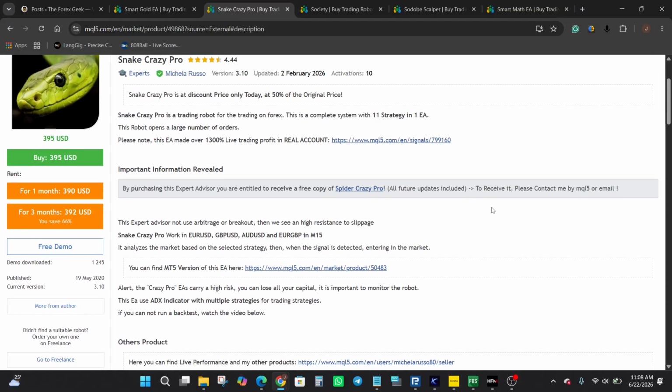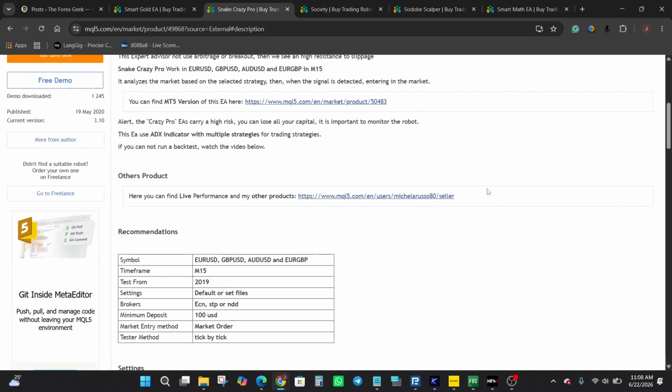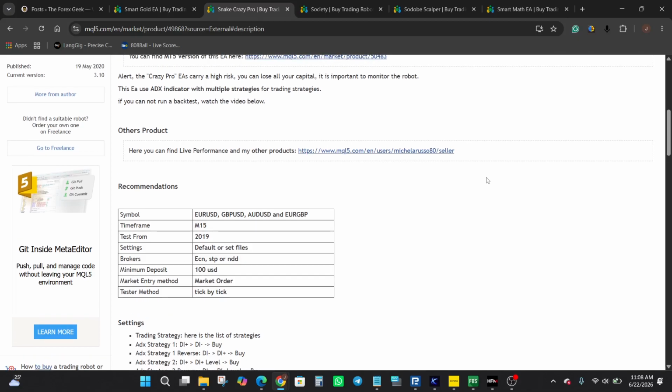As I continue scrolling through the description, the developer states that the EA does not use arbitrage or breakout trading methods and is designed to maintain resistance to slippage. The page also specifies that the EA operates on EUR/USD, GBP/USD, AUD/USD, and EUR/GBP using the M15 time frame.